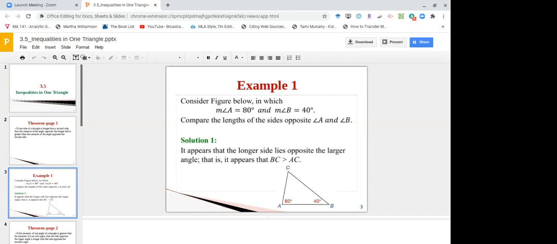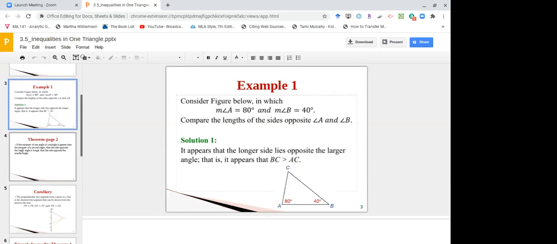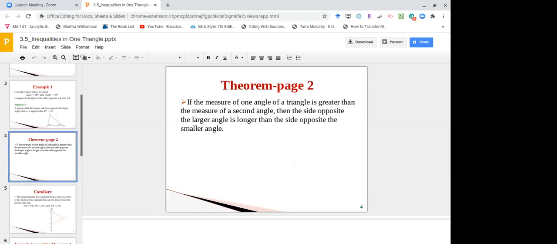The largest angle is going to have the longest side opposite it, and the one that's between the two will have a side opposite it that has a length between the longest and the shortest, if they're all different lengths. Now let's take a look at the second theorem here.